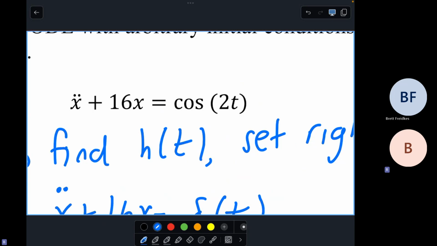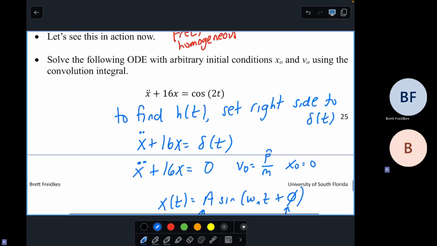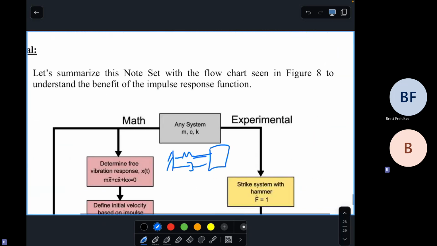When you find h of t, then you'll convolve it with this force. That makes sense? That's your arbitrary force that is acting on the system. You cannot find x of t unless you know the impulse response function. This is your f of t. To find h of t, if you didn't have it available to you, you have to convert this to a forced vibration problem with delta t as the force. Perfect. It clicked. Clicking is good.